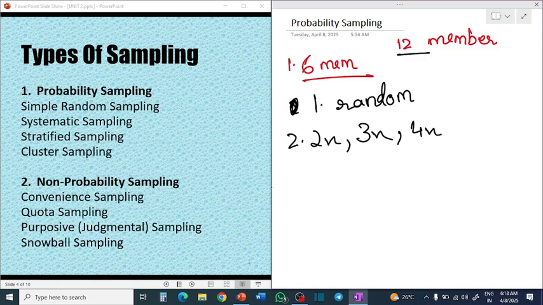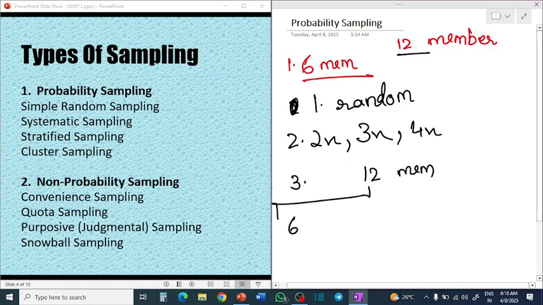In third, we go on to stratified sampling. In stratified sampling, what you do? You divide this group into two strata. Suppose there are 12 members. Among these 12 members, 6 members are boys and 6 members are girls.